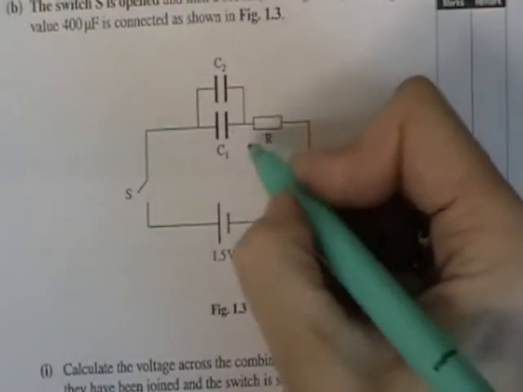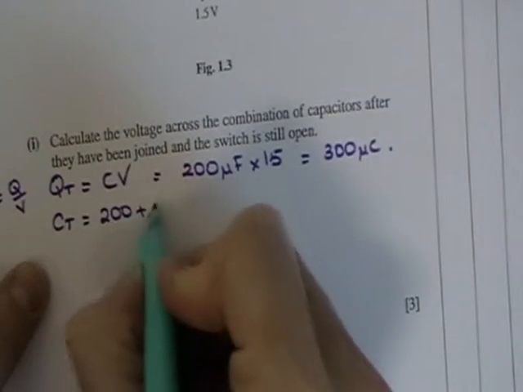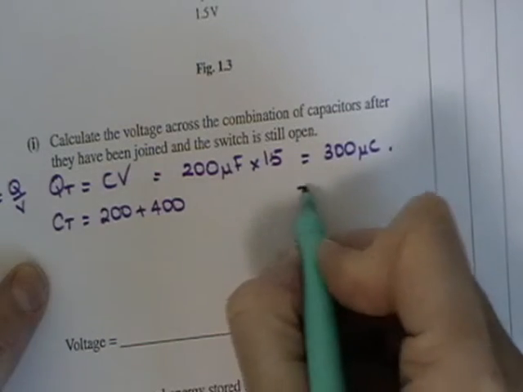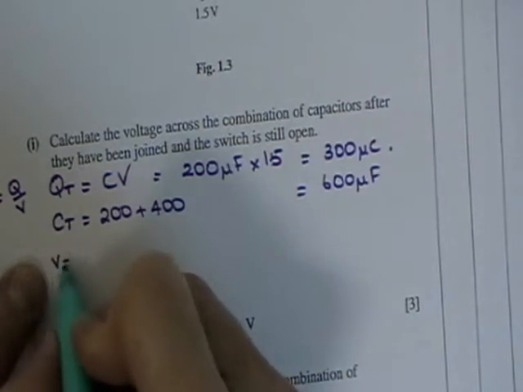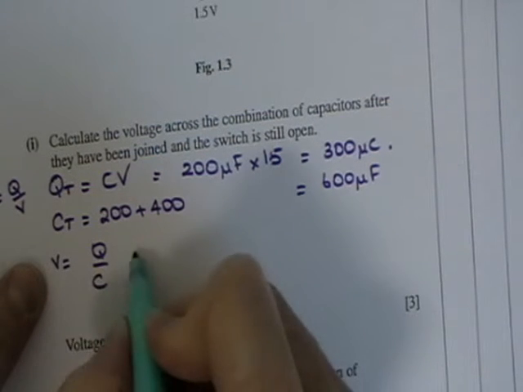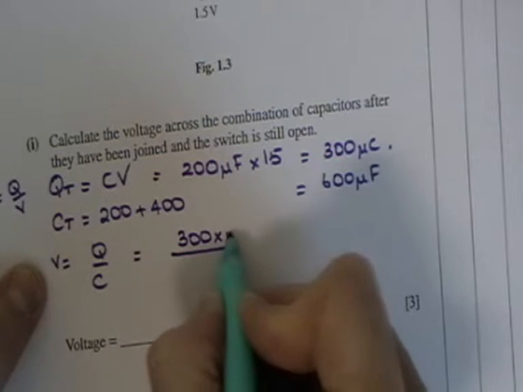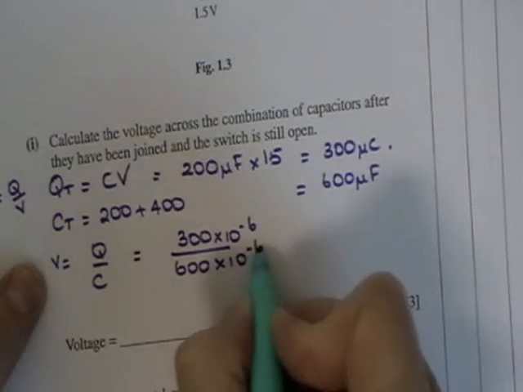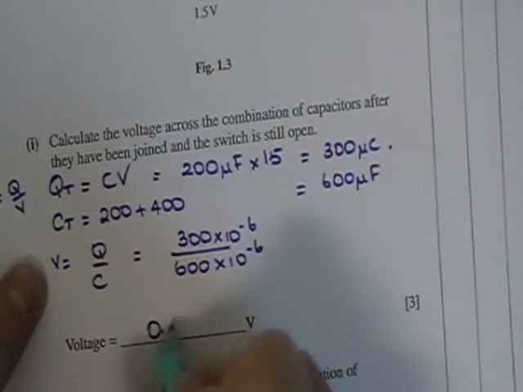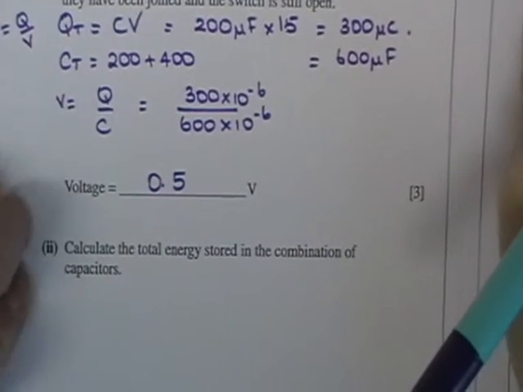The total capacitance then, the two capacitors are in parallel with each other, and therefore you just add them. So it's 200 plus 400 gives you 600 microfarads, and therefore V is just equal to Q over C, which is 300 by 10 to the minus 6 over 600 by 10 to the minus 6, and the answer then is half a volt.